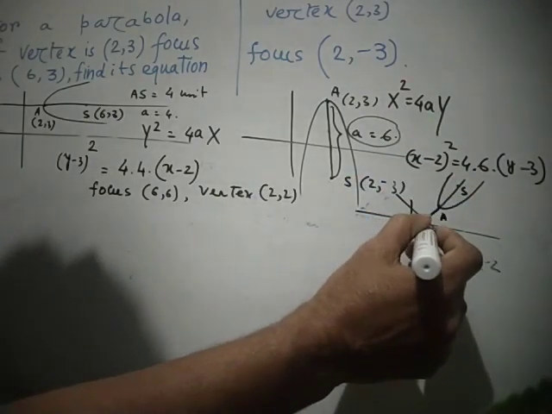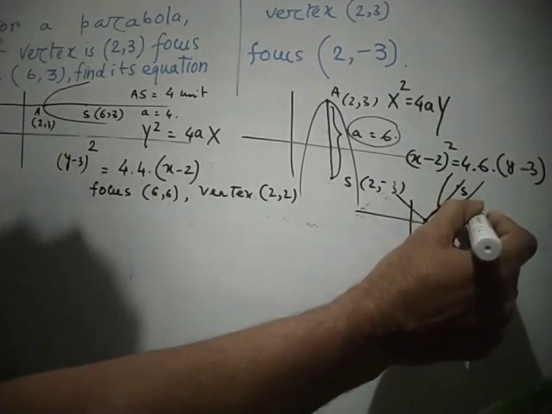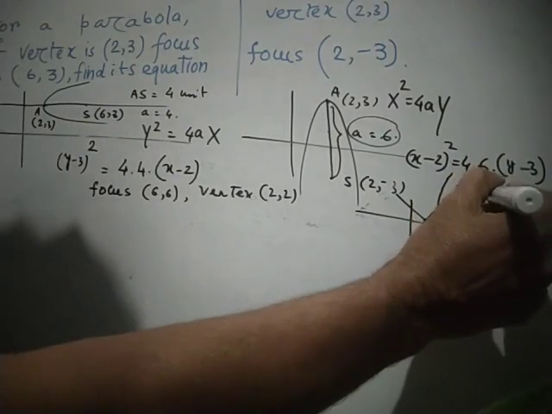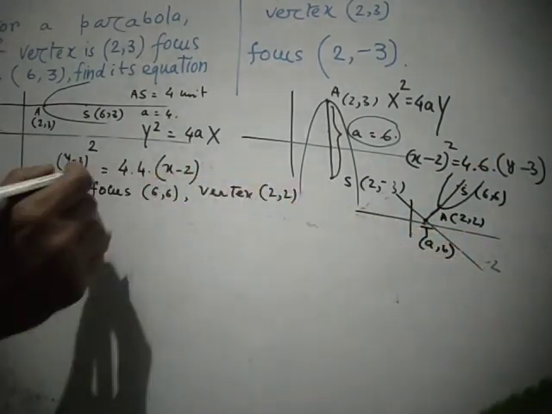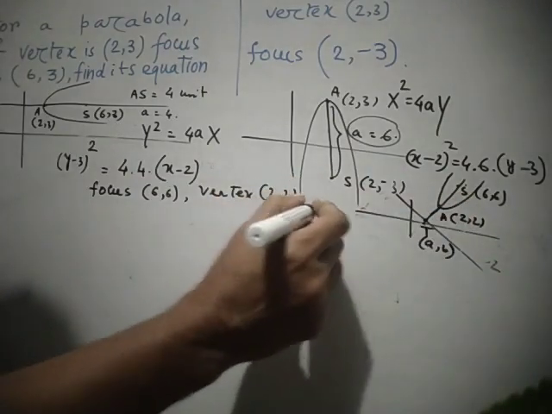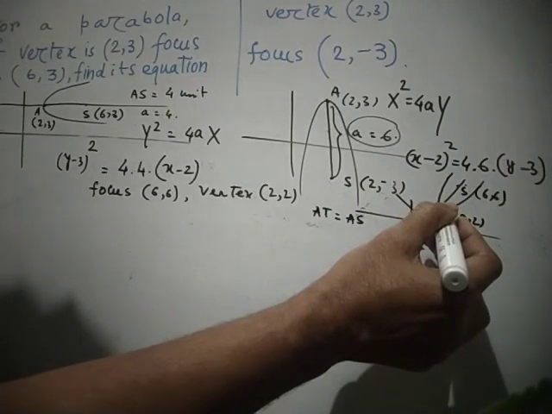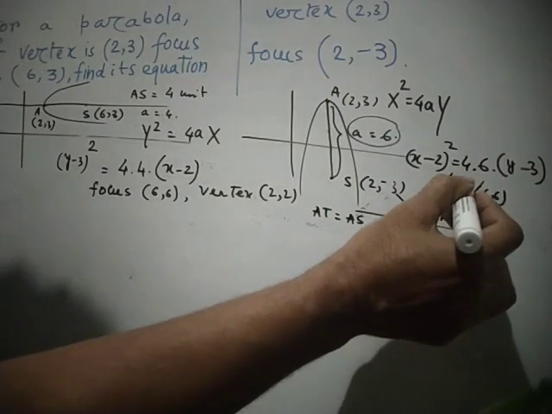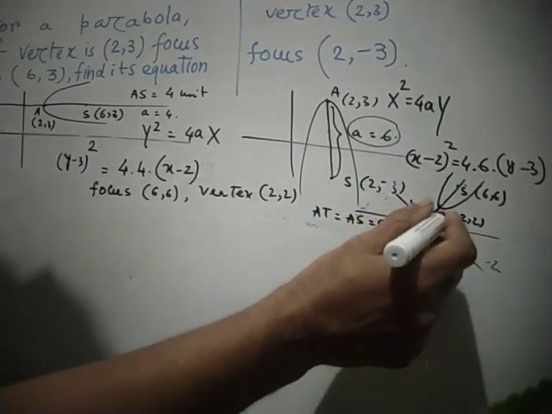So this point A we know is (2, 2), the focus we know is (6, 6). To find T, we know AT equals AS, because for a parabola the distance from the vertex to this point and from the vertex to the focus are equal, so that's why A is the midpoint.